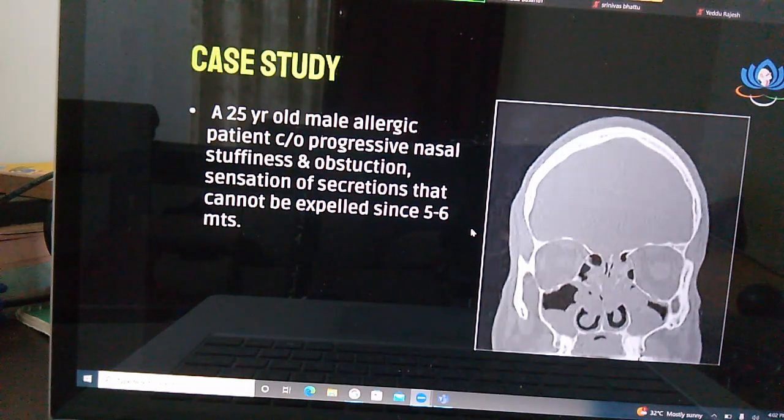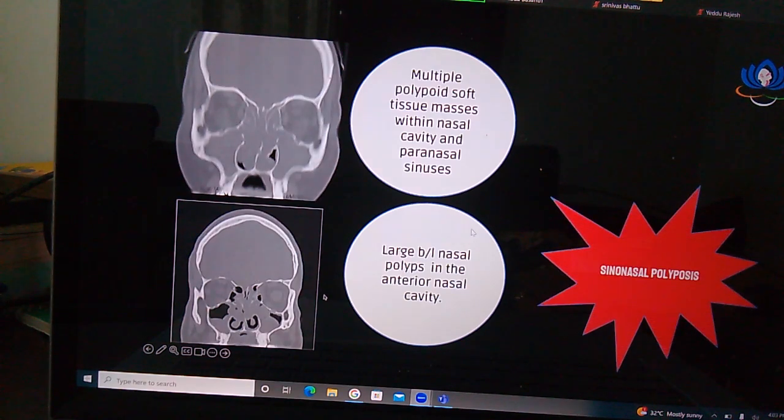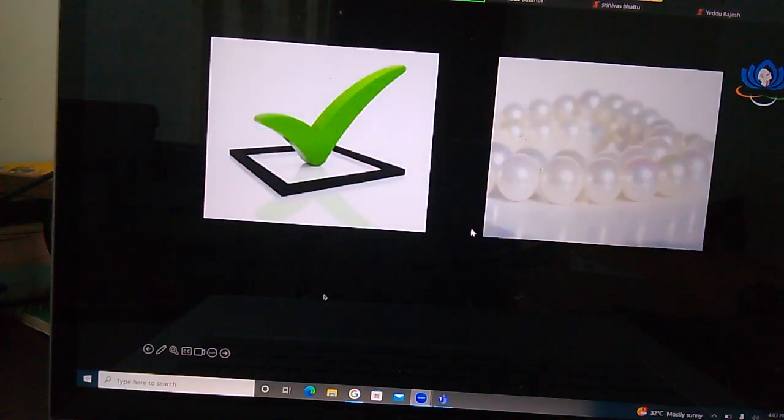You may not see double density either, but multiple nodular soft tissue densities are seen. Multiple polypoid soft tissue masses within the nasal cavity and paranasal sinuses, usually bilateral. This is sinonasal polyposis. That's simple.